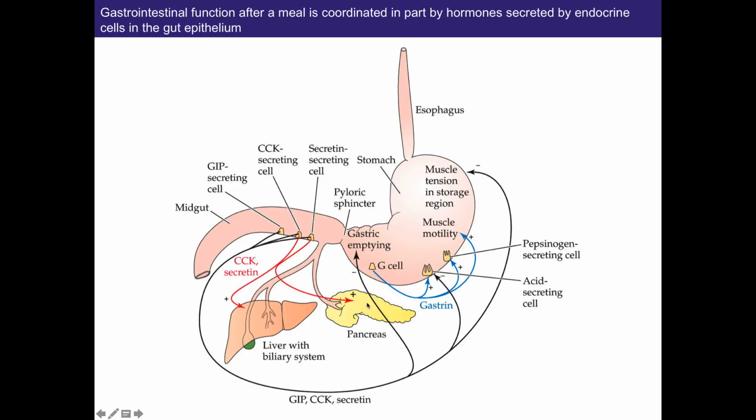Okay, so let's go to this next one. Secretin secreting cells are the S cells. Secretin secreting cells are called S cells. They're detecting acid that is being delivered from the stomach into the small intestines, and these S cells simply trigger the pancreas to release bicarbonate, right?